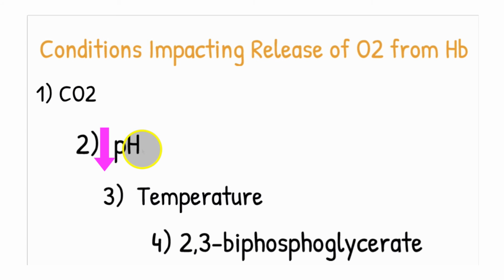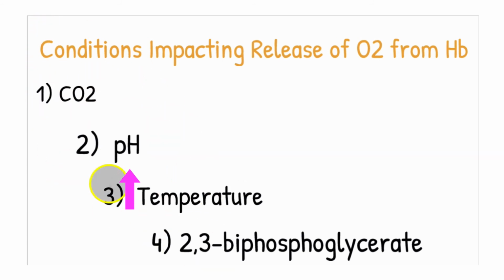So a decrease in pH will also stimulate the release of oxygen from hemoglobin. Temperature, the same rationale here. The more ATP we make, the more oxygen we're consuming, the more heat we are producing. So increased temperature at the tissues is going to stimulate the release of oxygen from hemoglobin.